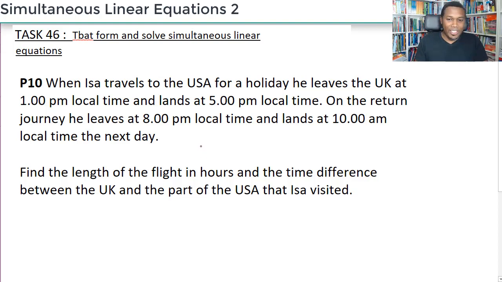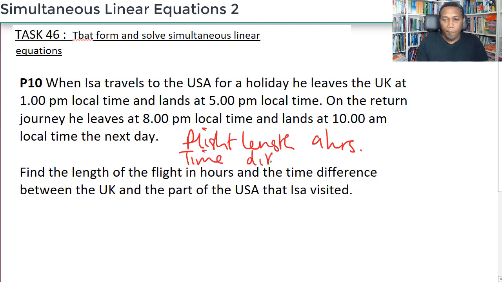Right, okay. Let's see what we're doing here. You had the word problem. You had to figure out your model. The answer you should get: the length of the flight, 9 hours. And then the last bit, the time difference: 5 hours.